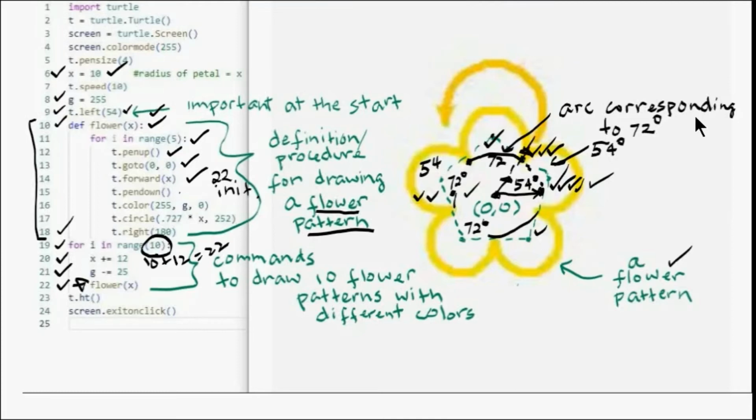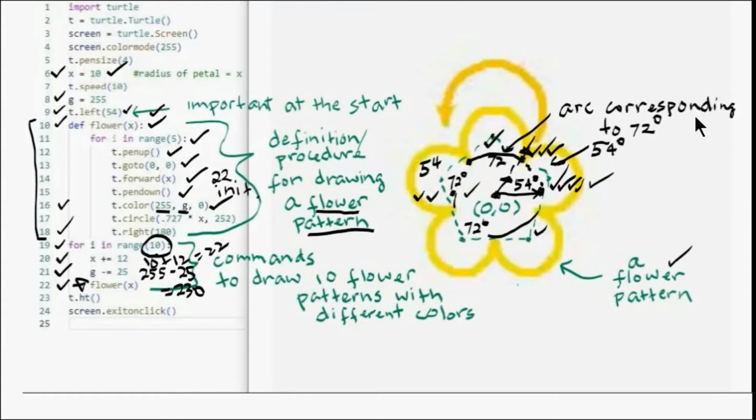And then I put my pen down to prepare for drawing the first of the 5 petals. Now, what is the color of the petal? Look at the color. It is 255 for red. The G at this point has become 255 minus 25. Look at number 21. This has become 230.